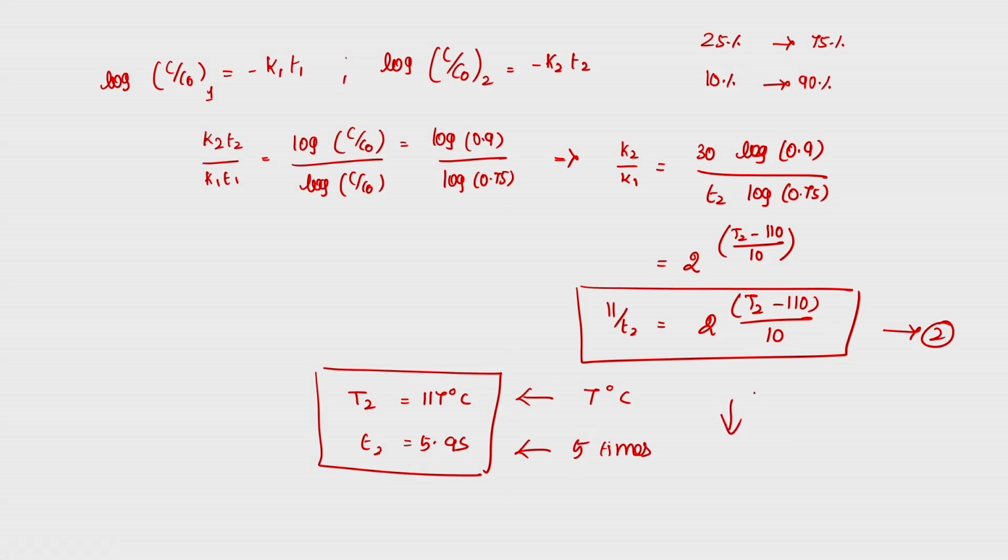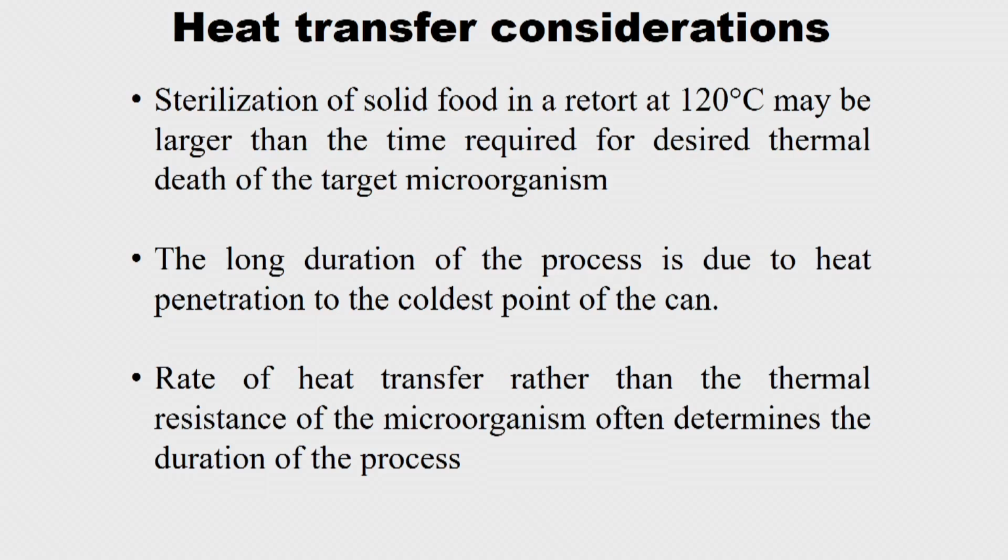So this would give me 25% loss of vitamin to 10% loss of vitamin, but in both the cases my thermal death of organism is the same. Okay, so this is the way I optimize the process.